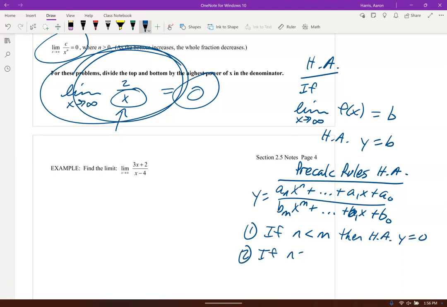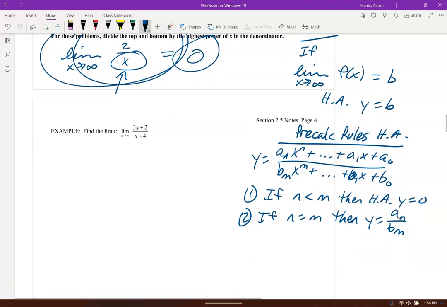If the degrees were the same, then it ended up being the leading coefficients, a to the m over b to the m. If the degree of the top was greater than the bottom, then there's no horizontal asymptote.